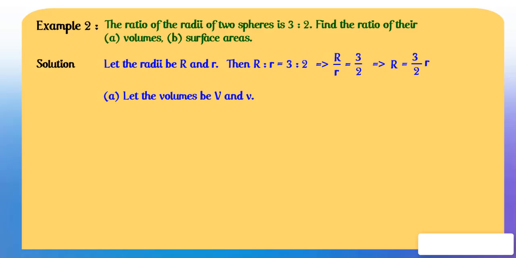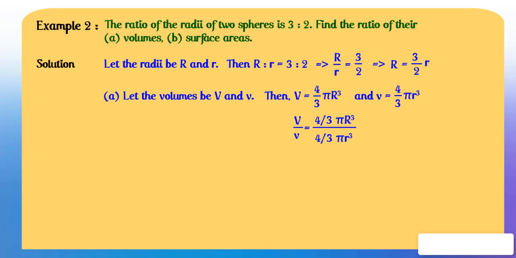A. Let the volumes be capital V and small v. Then capital V is equal to 4 by 3 pi capital R cube and small v is equal to 4 by 3 pi small r cube.